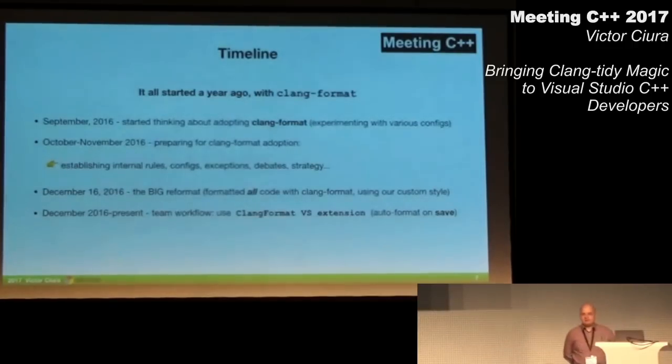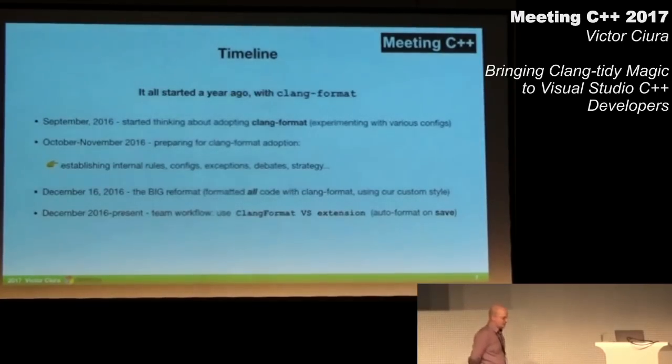It all started a year ago with clang-format. In September of last year, we started thinking about adopting clang-format for our project, and we experimented with various configs. We established internal rules, exceptions. As you might imagine, we had serious debates over the style guidance.